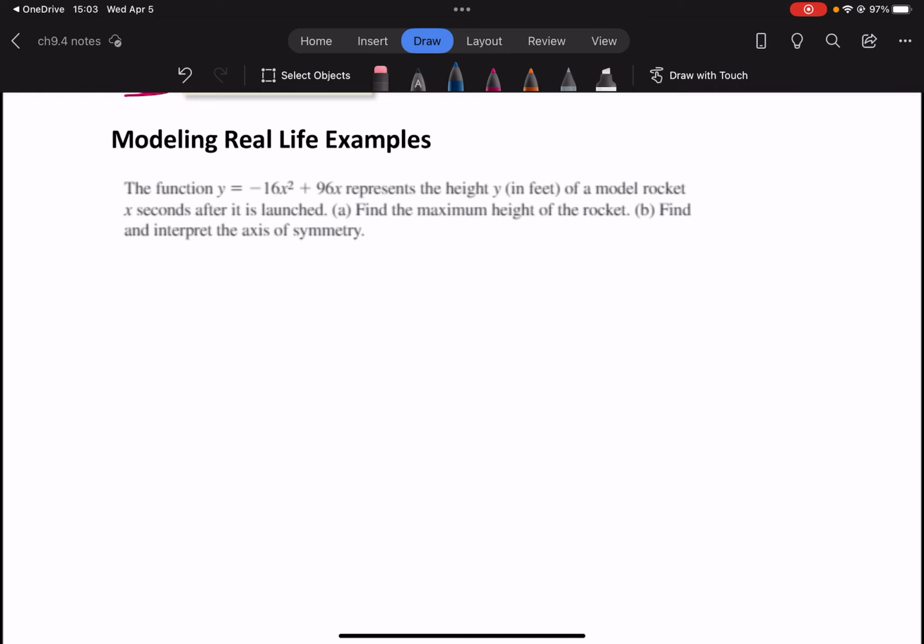So now, y equals negative 16x squared plus 96x. I'm going to tell you right now, I probably will not do completing the square, but I can. And this one's a little bit different because I do want to do this one.